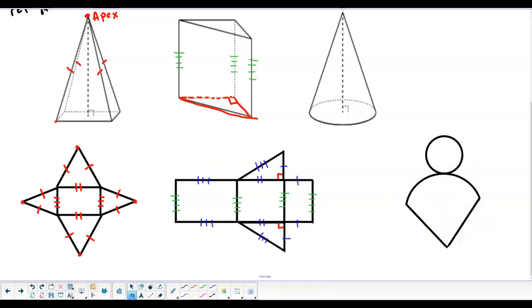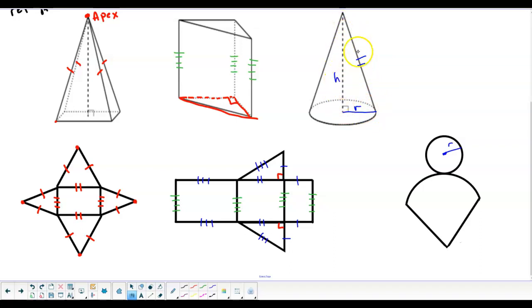This isn't a perfect drawing by any means, but the idea here, and we'll probably explore this later on, so I don't want to give too much away, but I'm just going to add a couple of pieces. I know that the radius is this length right here, and then I know that the height, I should be careful, the height is the dotted line here.